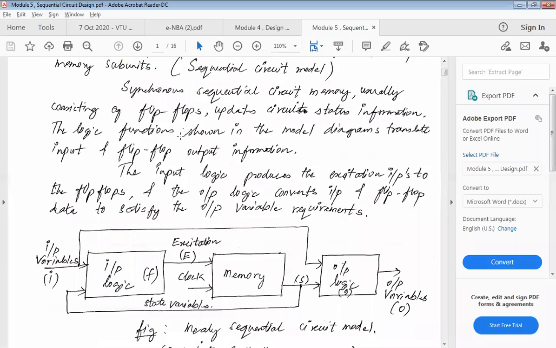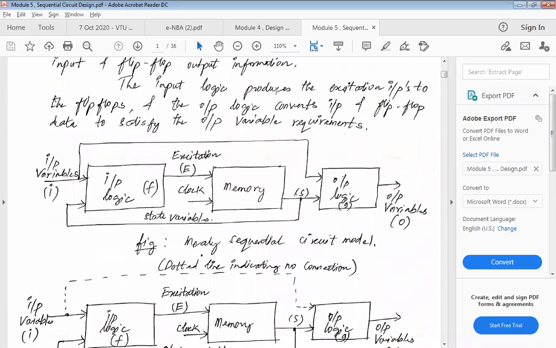So the logic functions shown in the model diagrams translate input and flip-flop output information. Whatever information you have with the input and memory is passing to your output logic. The input logic produces the excitation inputs to the flip-flops. Now we have seen the excitation table for JK flip-flop and T flip-flop and all those things, right?